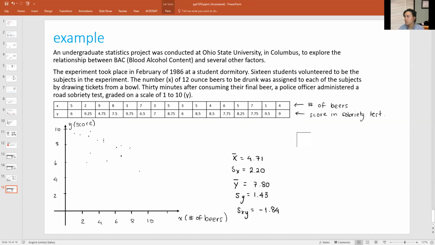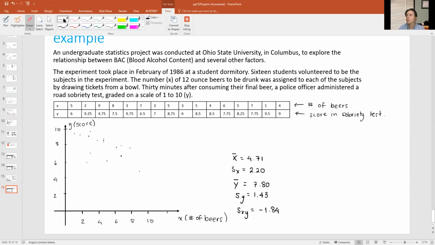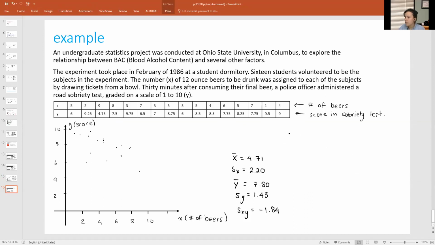Okay, so here's what I have. Find the line of best fit. When we say find the line of best fit, that means that we're going to find the slope for the line of best fit, and we're going to find the y-intercept. So we're trying to find A.